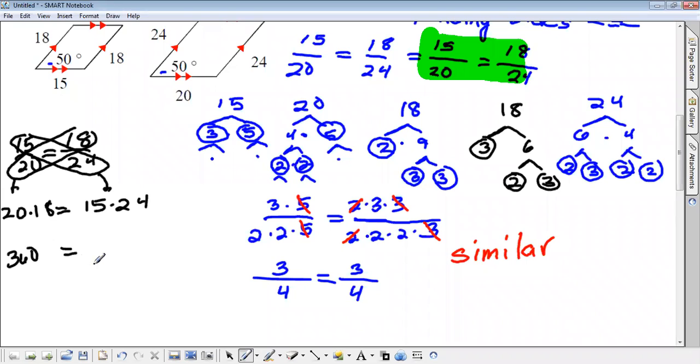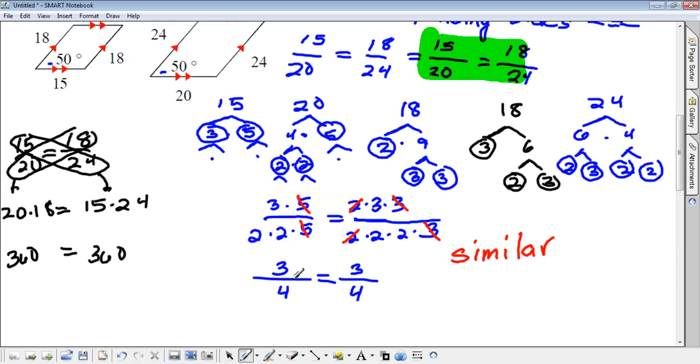Now do 15 multiplied by 24. Anybody? What do you get? It's the same answer.